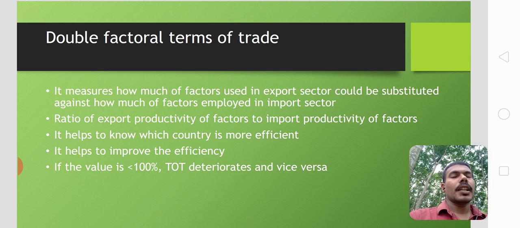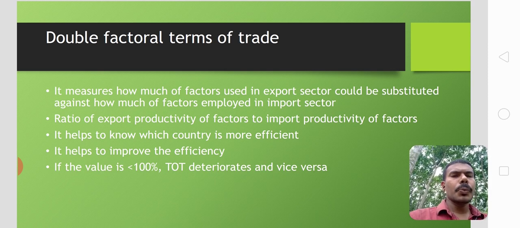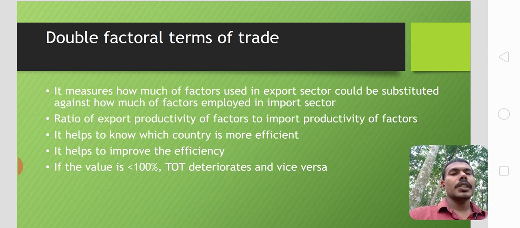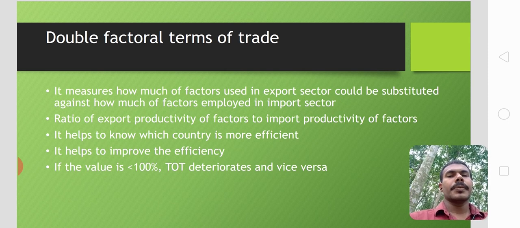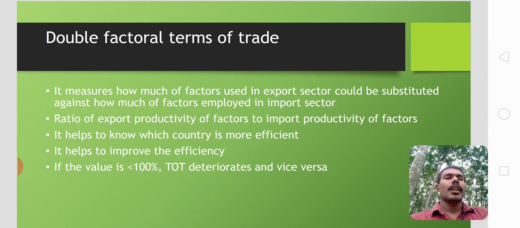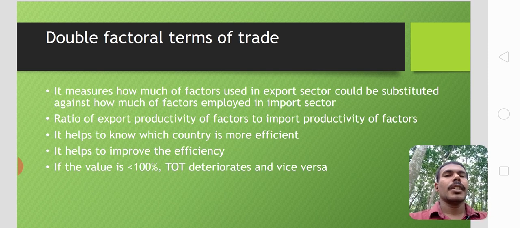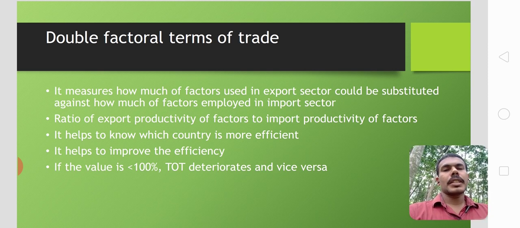If it is more than 100%, it is improved, and the export productivity is more than enough to appropriate the import. So this is helpful in understanding the efficiency of factors in both export and import sectors.